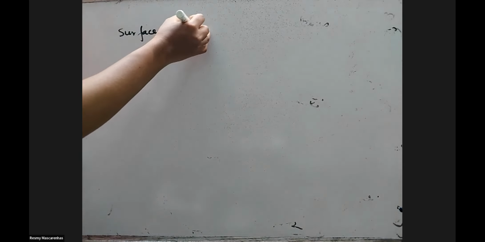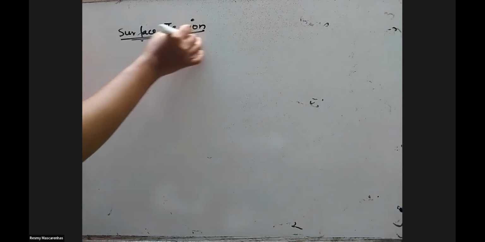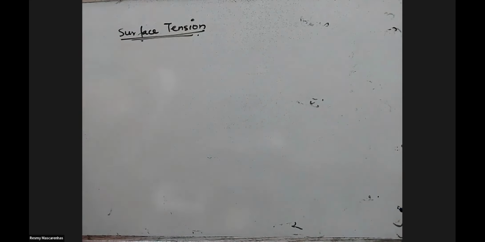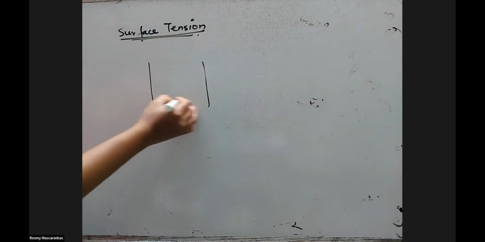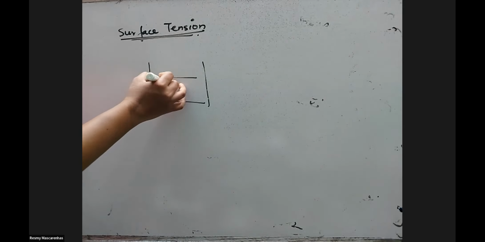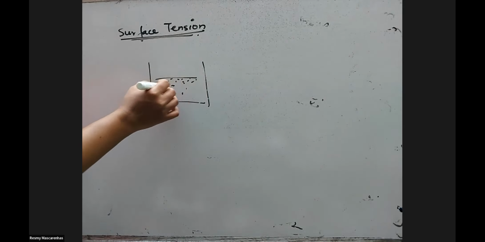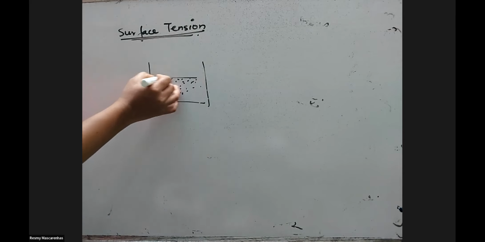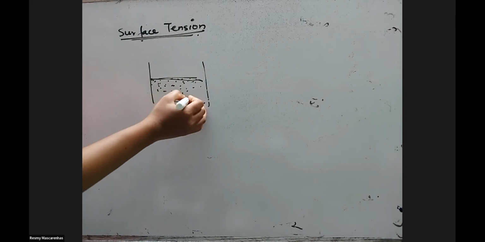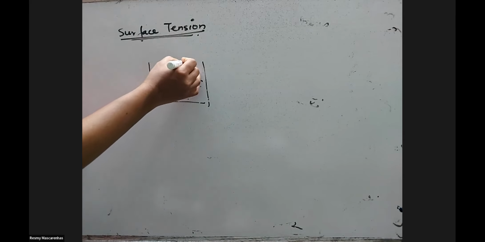In the previous class, we were doing the topic surface tension. So surface tension is nothing but, suppose you have any substance, and there are some molecules in it. Whenever it comes in contact with a surface, this is the surface.